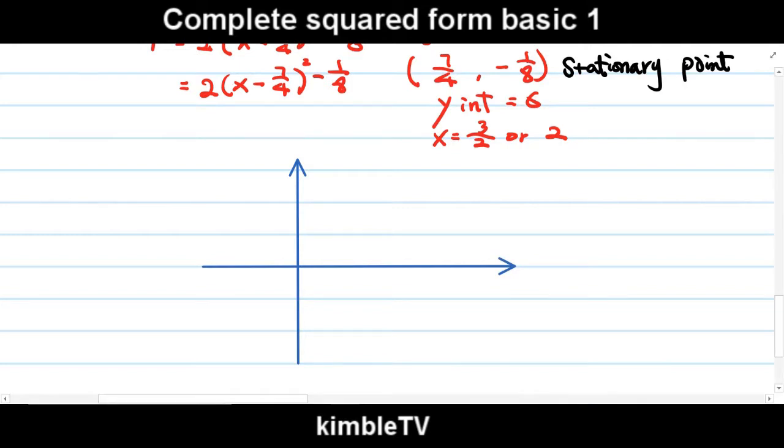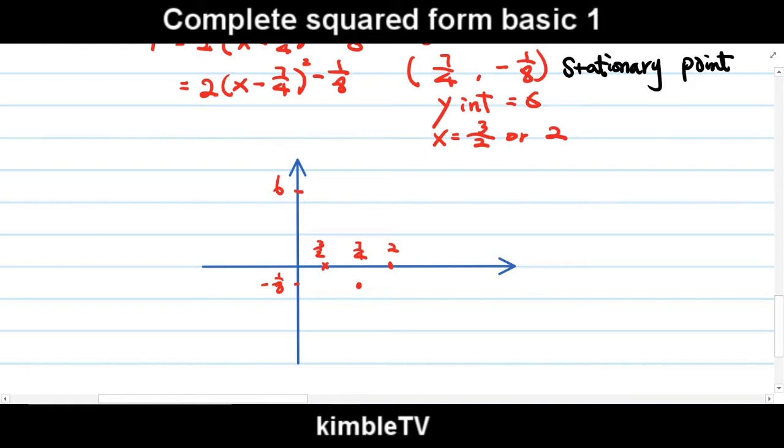The stationary point is here because the x-coordinate is 7 on 4 and the y-coordinate is minus 1 on 8, and the two x roots are 3 on 2 and 2, and the y-intercept is 6.